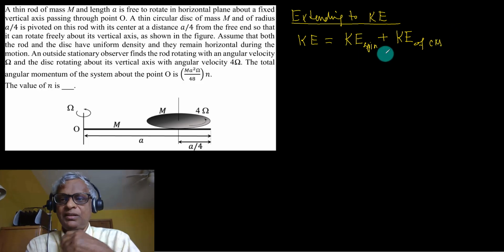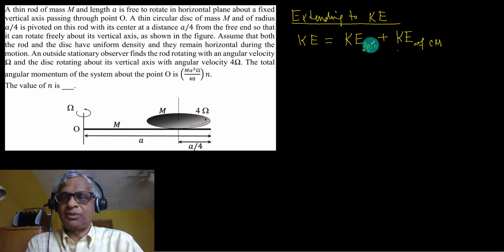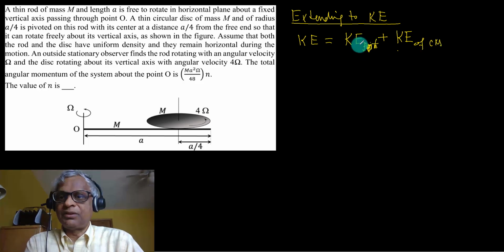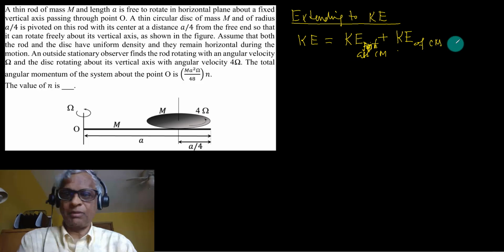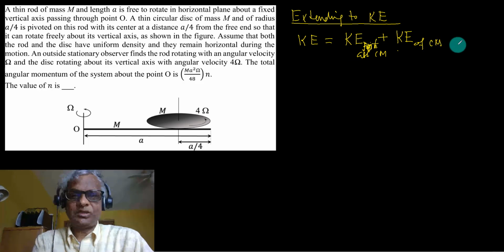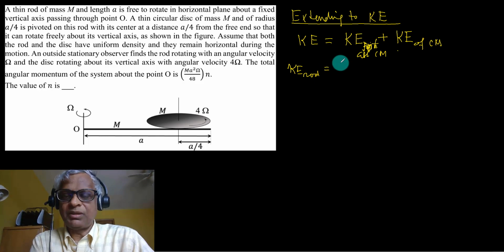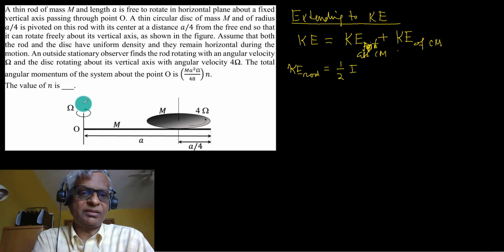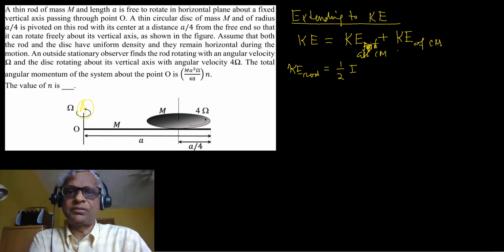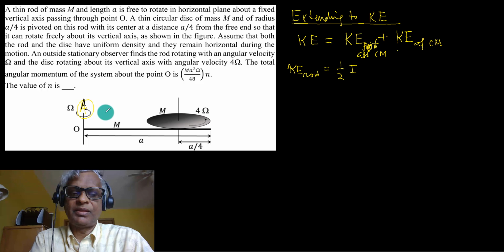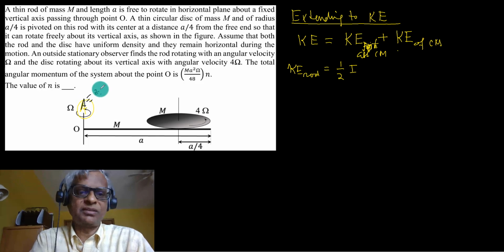So it's a spin or rotation about cm and off cm, and they are separate like that. So let's look at it the same way. The kinetic energy of the rod is going to be 1/2 I about this axis, axis A, which is the same as the z axis.